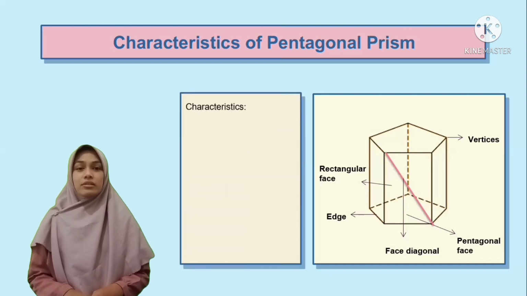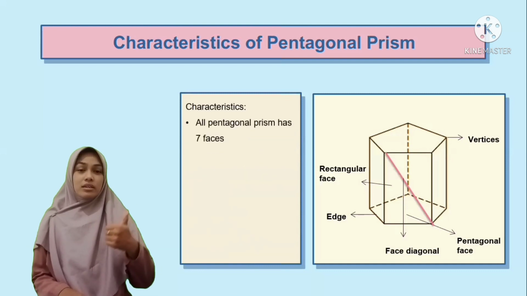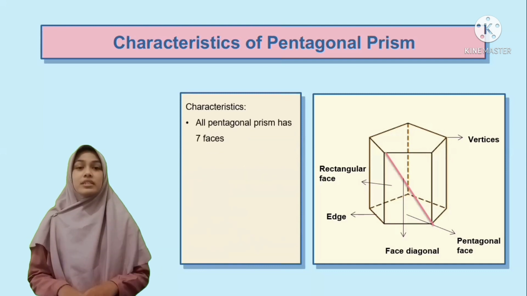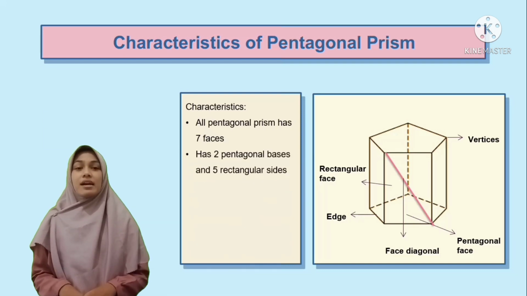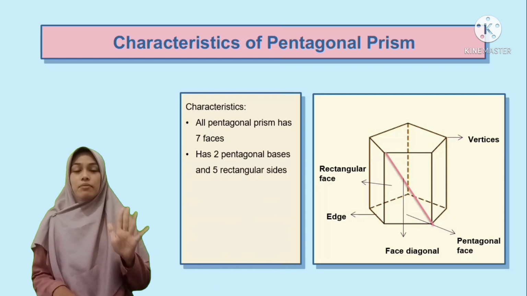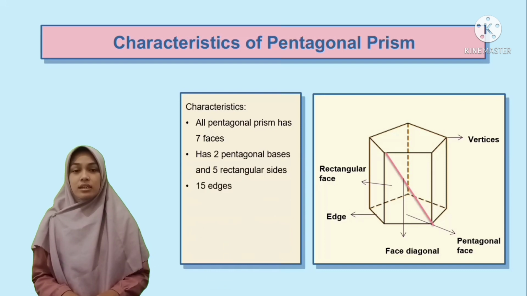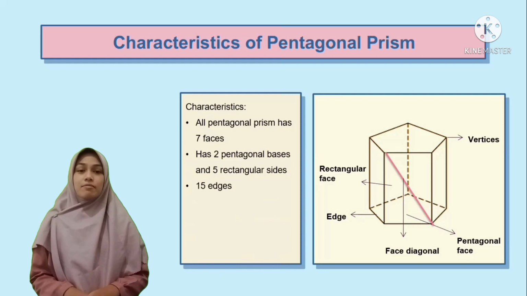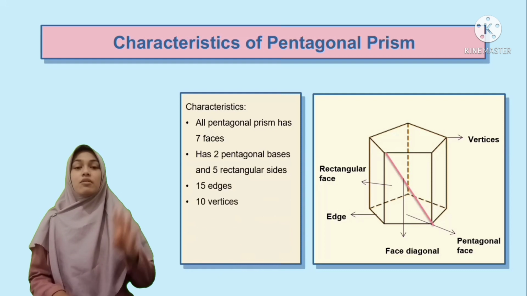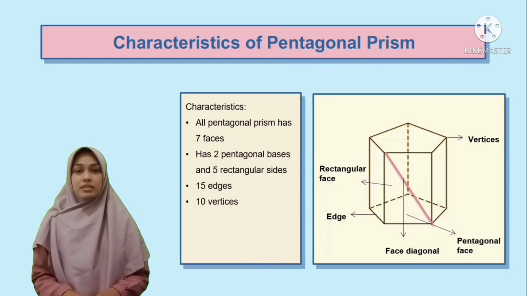Characteristics of a pentagonal prism are: first, a pentagonal prism has 7 faces. The second, a pentagonal prism has 2 pentagonal bases and 5 rectangular sides. The third, a pentagonal prism has 15 edges. The fourth, 10 vertices.